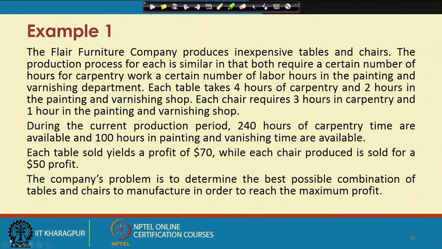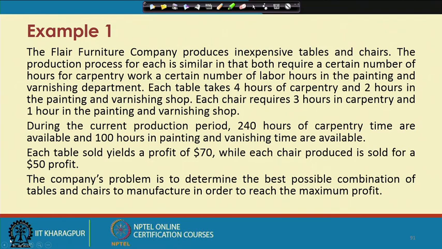So, it is a 2 by 2 problem, two products with two constraints. I am not going to discuss this problem in detail. You can all transfer this theoretical information into particular models. The idea is how theoretical information can be quantified into a decision model, like the law of demand or law of supply that we have already highlighted, where quantity demanded depends upon price, or quantity supplied depends upon price.